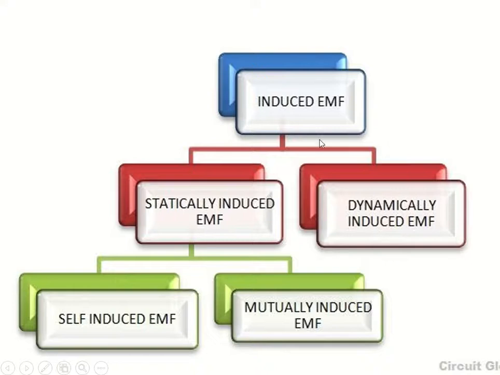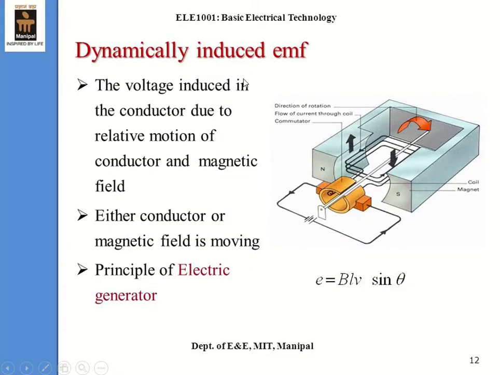In this video, I am discussing the derivation of dynamically induced EMF. First, a brief idea of what dynamically induced EMF is. It is the voltage induced in the conductor due to relative motion of conductor and magnetic field. This is the basis of Faraday's law. There is relative motion between conductor and magnetic field, so there is a change in flux linkage, and as a result an EMF is induced.